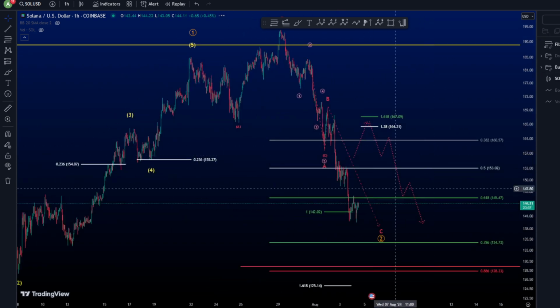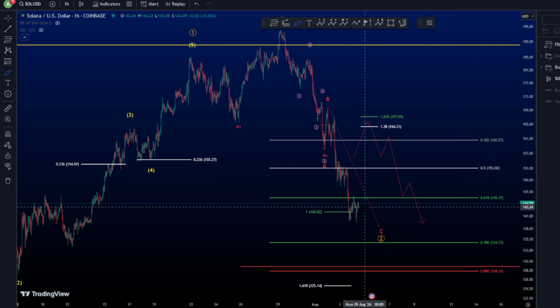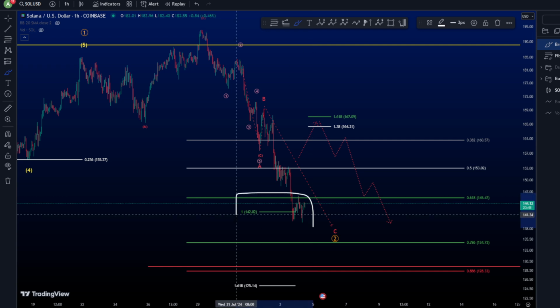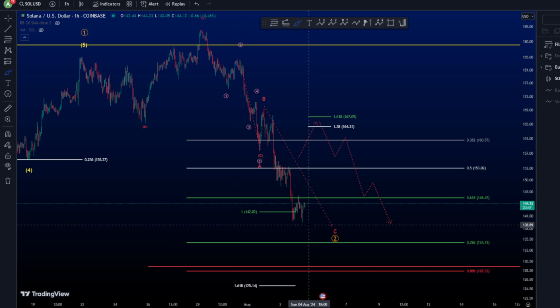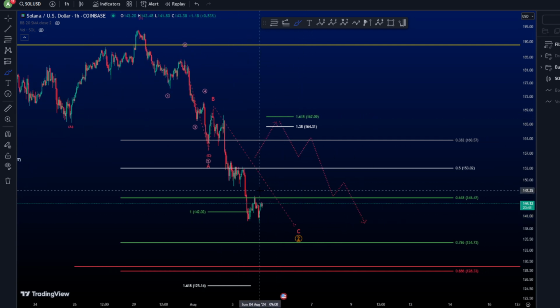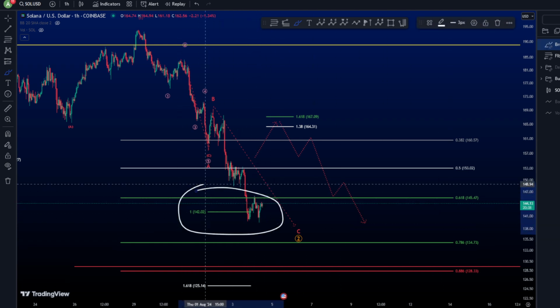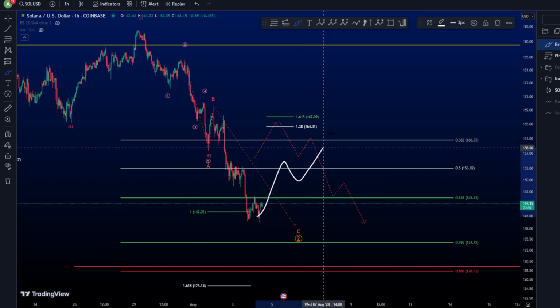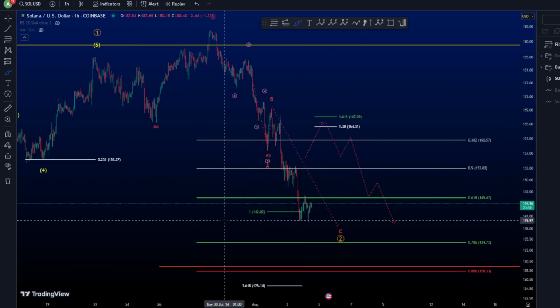However, what Bitcoin did not reach yet is this green box, to be honest. Now Solana did already, and I think that is because almost all of the altcoins are dropping much stronger than Bitcoin, right? So we're going to watch what happens with altcoins, and see if we're going to get some uptrend from this box.